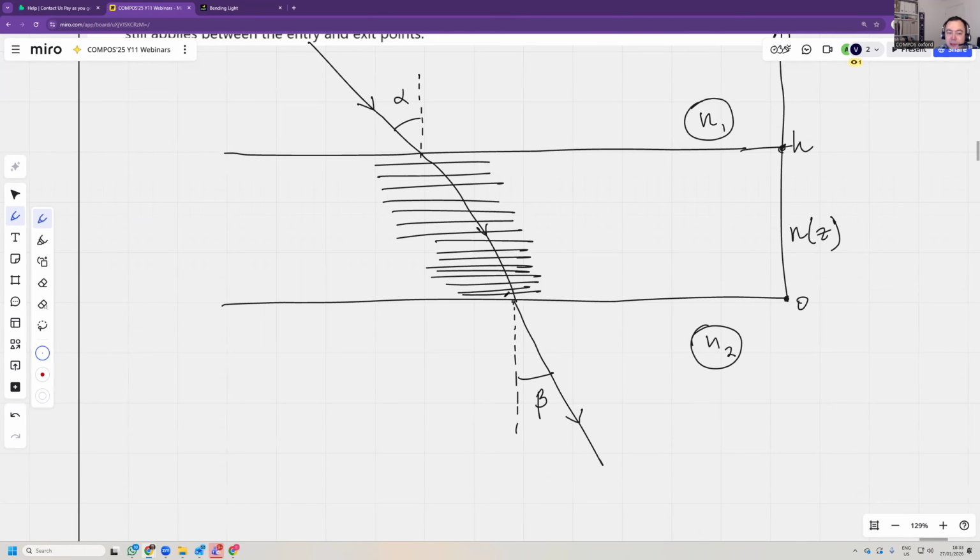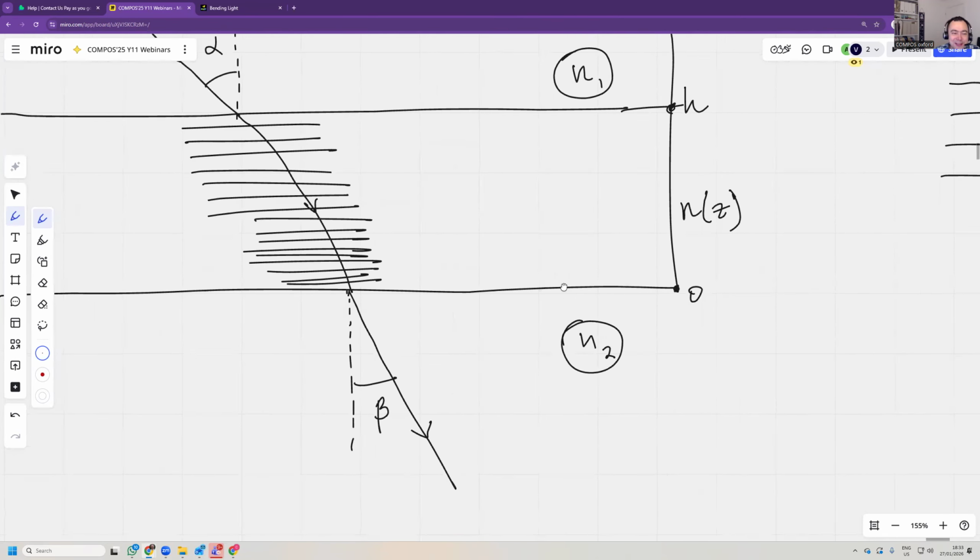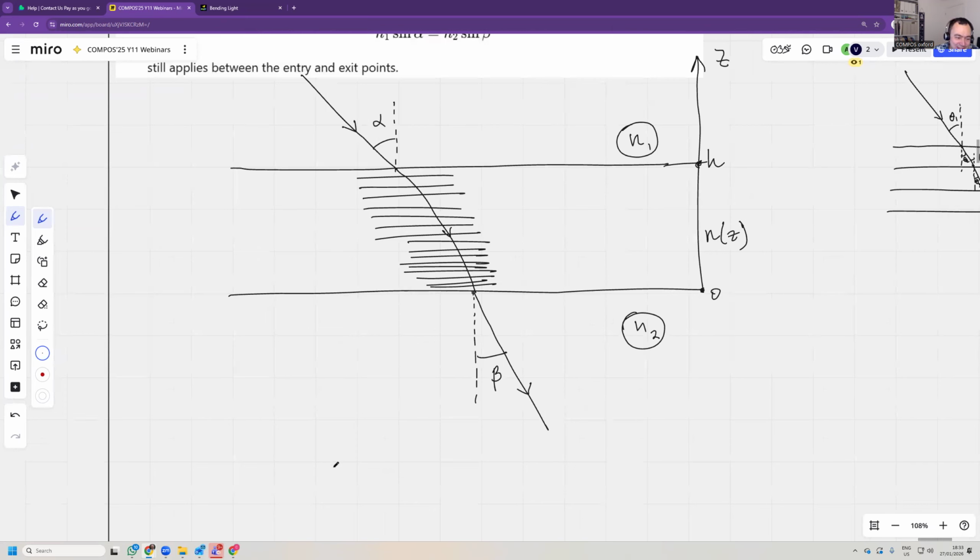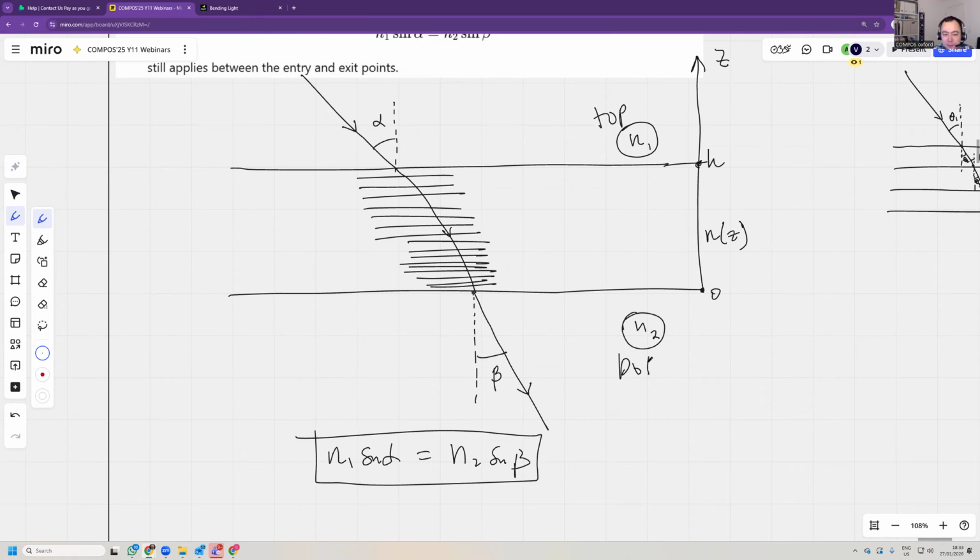Multiple layers, and for every layer it works. So it has to be that n1 sine alpha must equal n2 sine beta, where n1 is the refractive index of the medium on top, so the top medium, and the bottom.